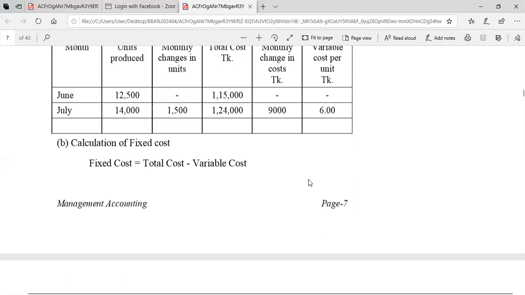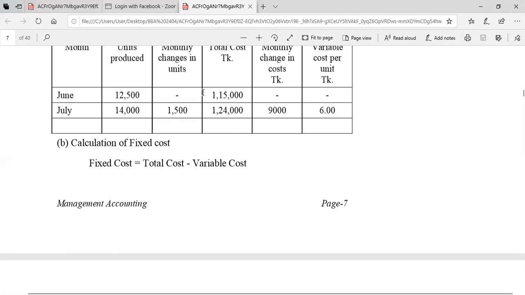Now, how do we calculate the total variable cost, and number 2, the fixed cost? We know that total cost is equal to fixed cost plus variable cost. Using this mathematical expression, fixed cost is equal to total cost minus variable cost.